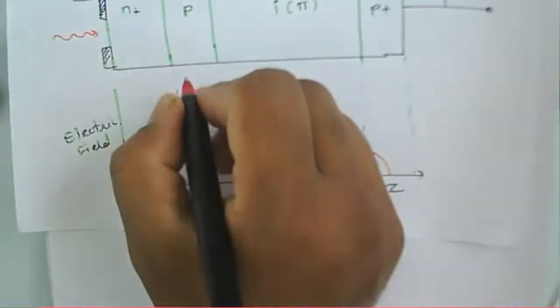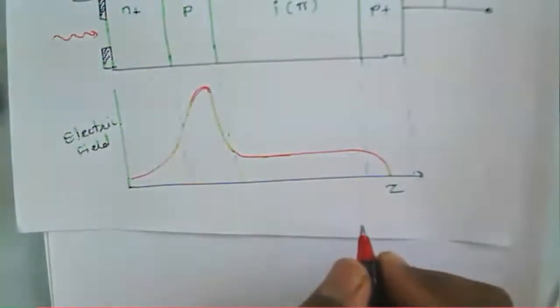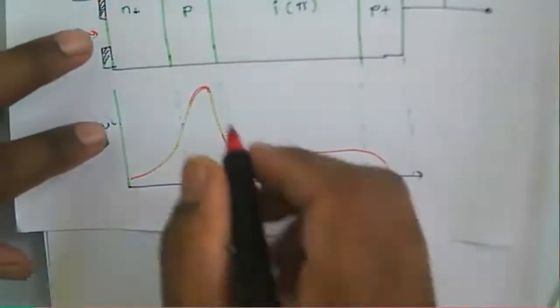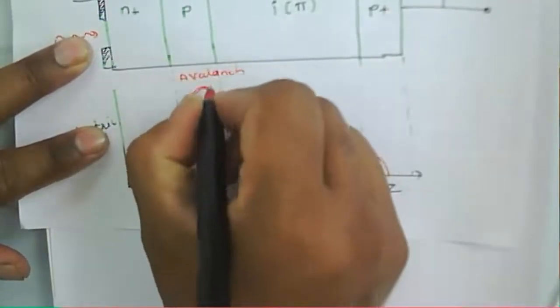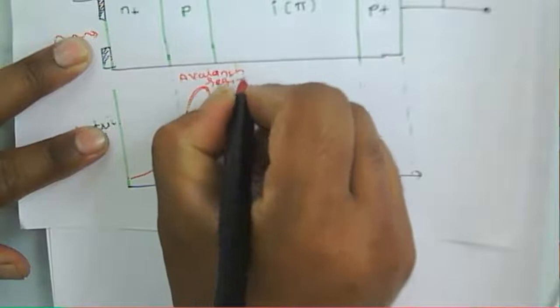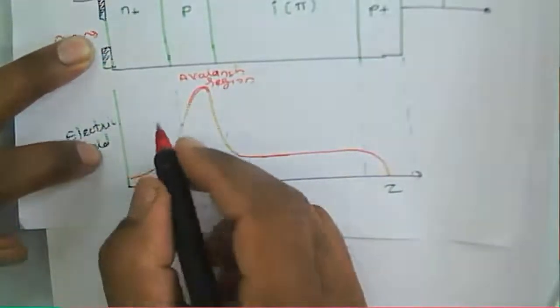This is a high gain region, or a high electric field region, and that region is called the avalanche region. Here the multiplication of electron and hole pairs is generated.